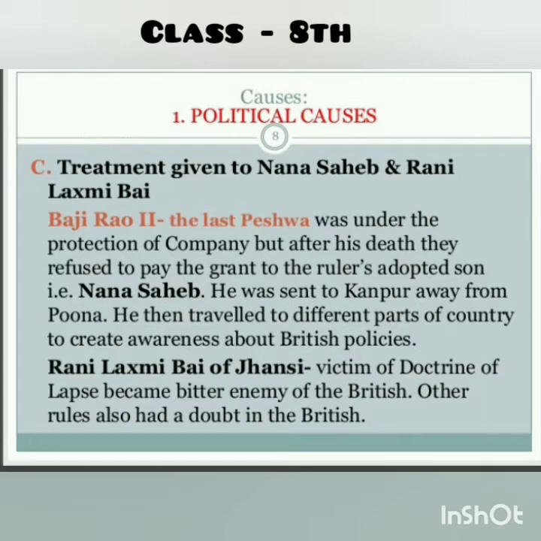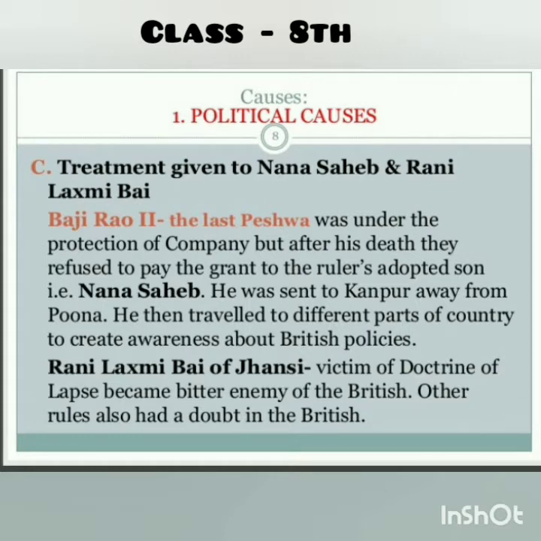Nana Sahib was the adopted son of Baji Rao II, the last Peshwa. The British refused to grant Nana Sahib the pension they were paying to Baji Rao II. Nana Sahib was forced to live at Kanpur, far away from his family seat at Pune. This was widely resented in the Maratha region.